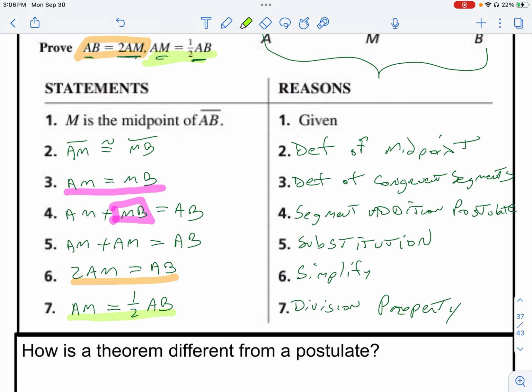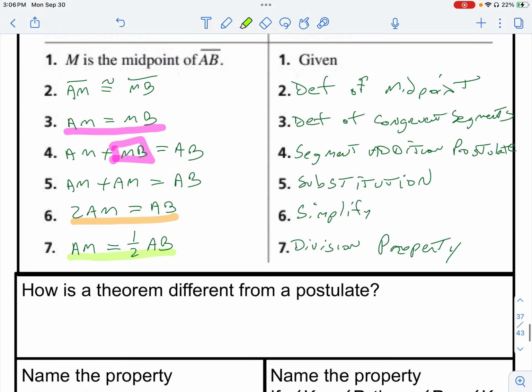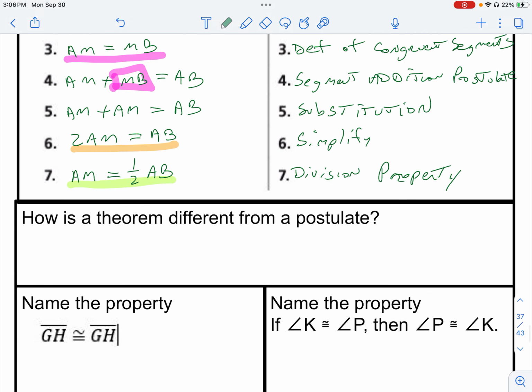Which begs the question, how is a theorem different from a postulate? Well, we remember from previous videos that a postulate is a rule that is accepted without proof.